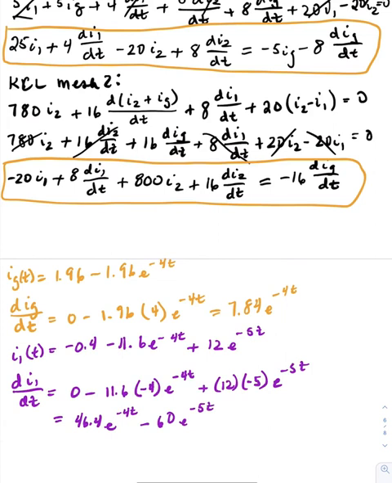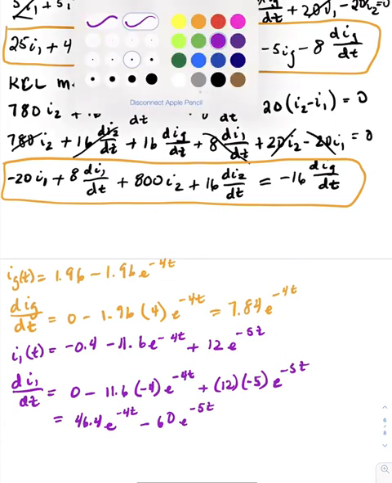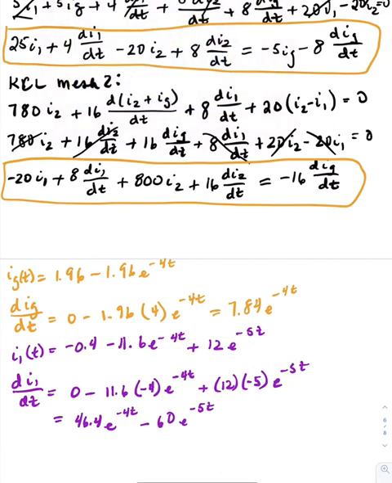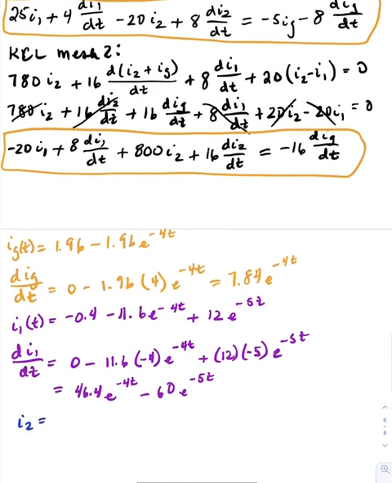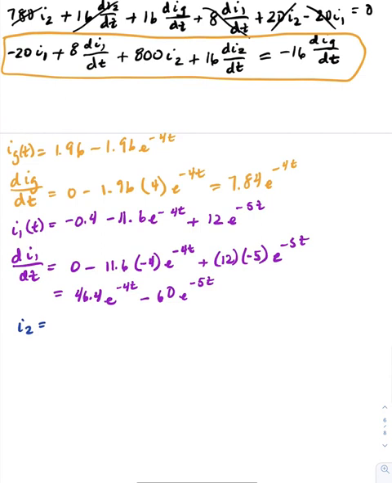And then I2, let's change our color. Grab a new color here. I sub 2 is equal to minus 0.01 minus 0.99 e to the minus 4t plus e to the minus 5t.